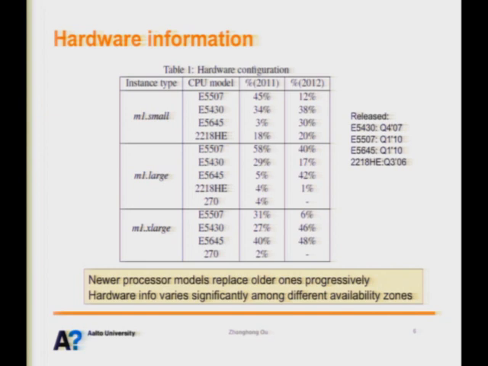So new models are replacing the older ones progressively, and the hardware information varies significantly among different availability zones as well. The availability zone here means, for instance, our provider currently has 5 or even 6 different regions. Each region you can roughly see as a data center.